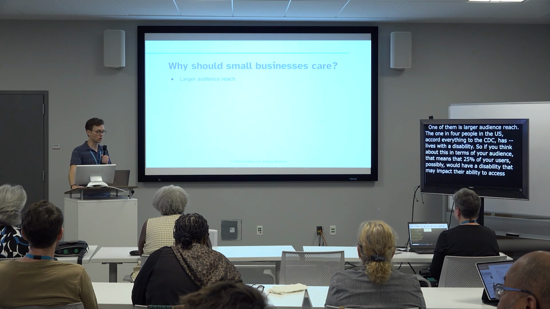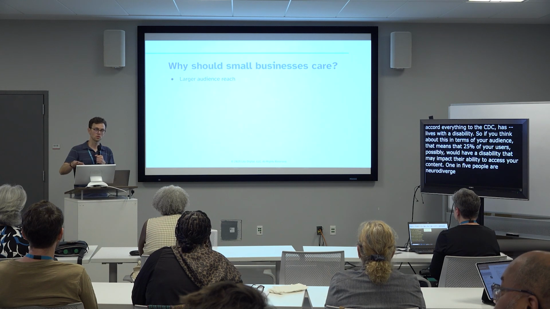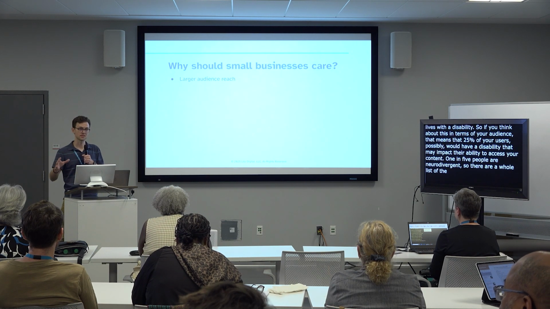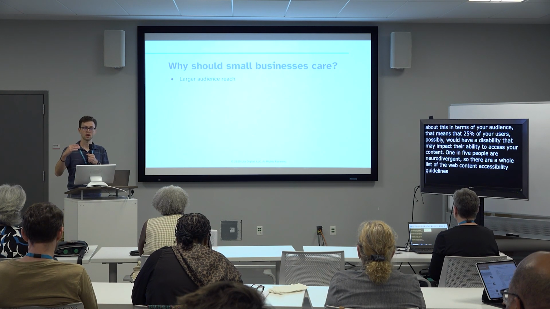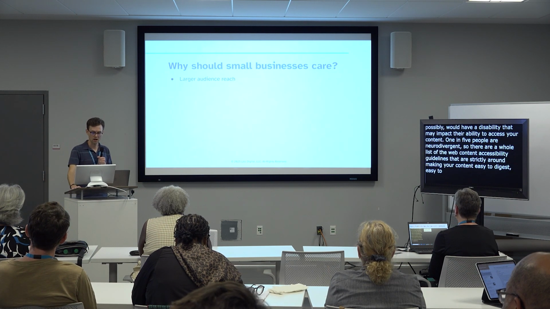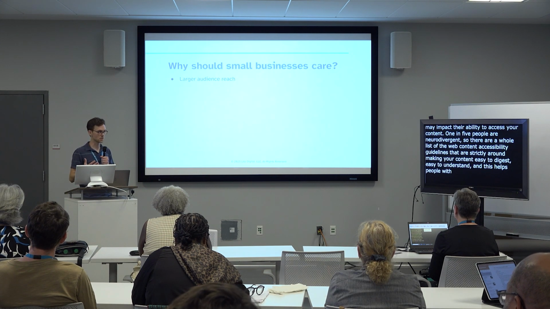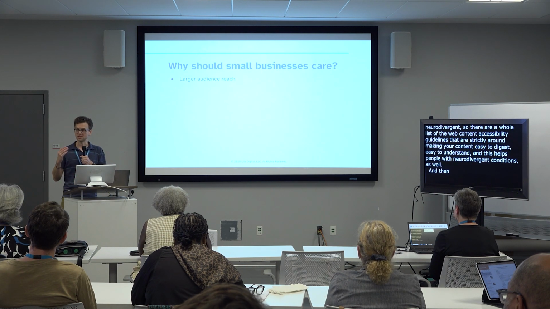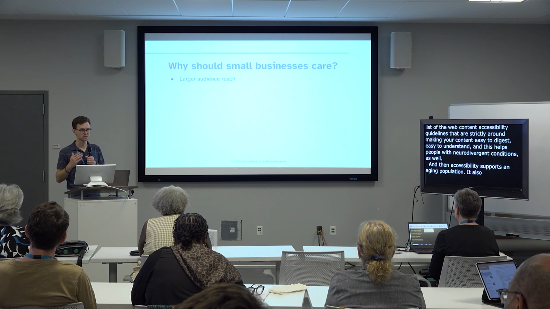1 in 5 people are neurodivergent. So there are a whole list of the web content accessibility guidelines that are strictly around making your content easy to digest, easy to understand, and this helps people with neurodivergent conditions as well. And then accessibility supports an aging population. It also supports people with temporary impairments and even situational challenges.